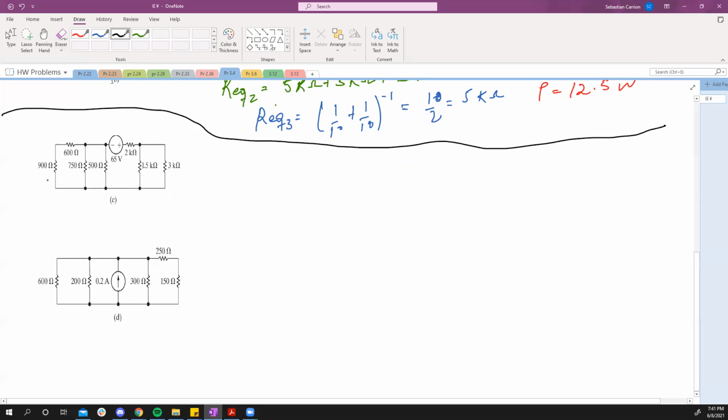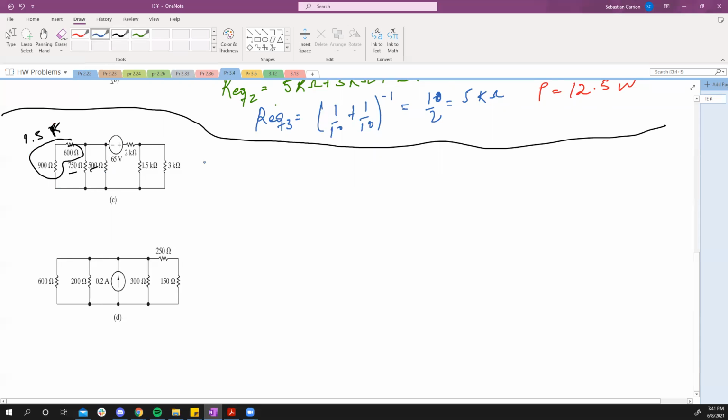Right, so this 900 ohm and 600 ohm is in series. So 1.5K, right? So the 1.5K is parallel to 750 and 500.